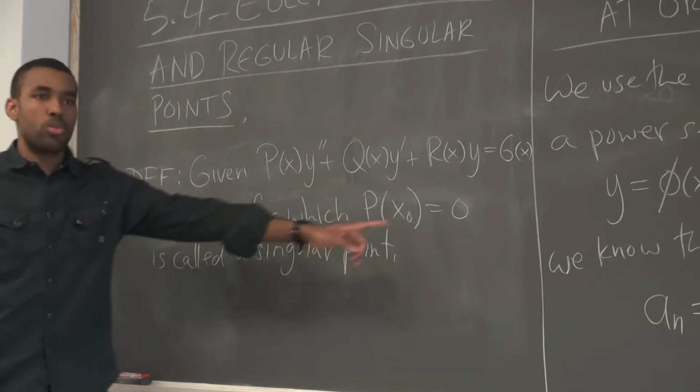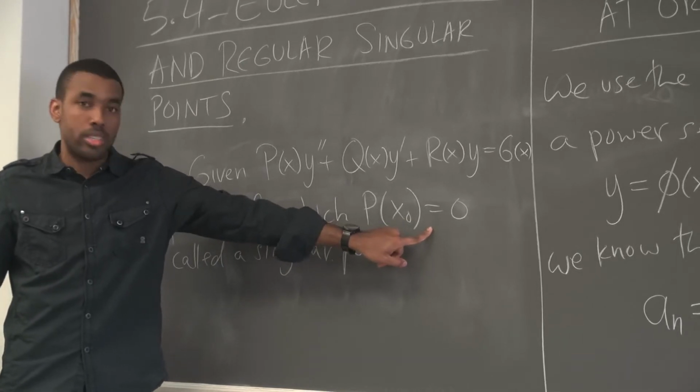So remember, an ordinary point was where this was not 0. If it is 0, we call it a singular point.